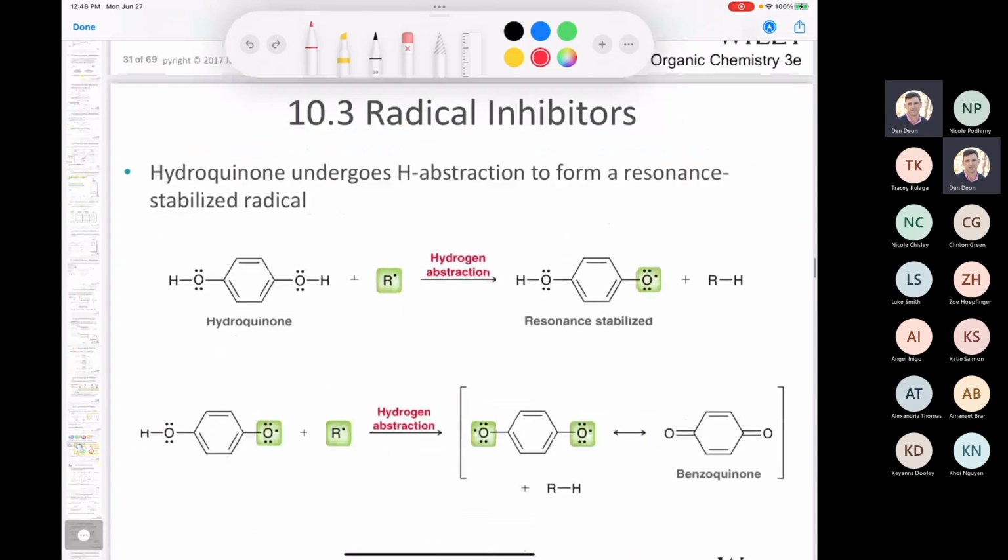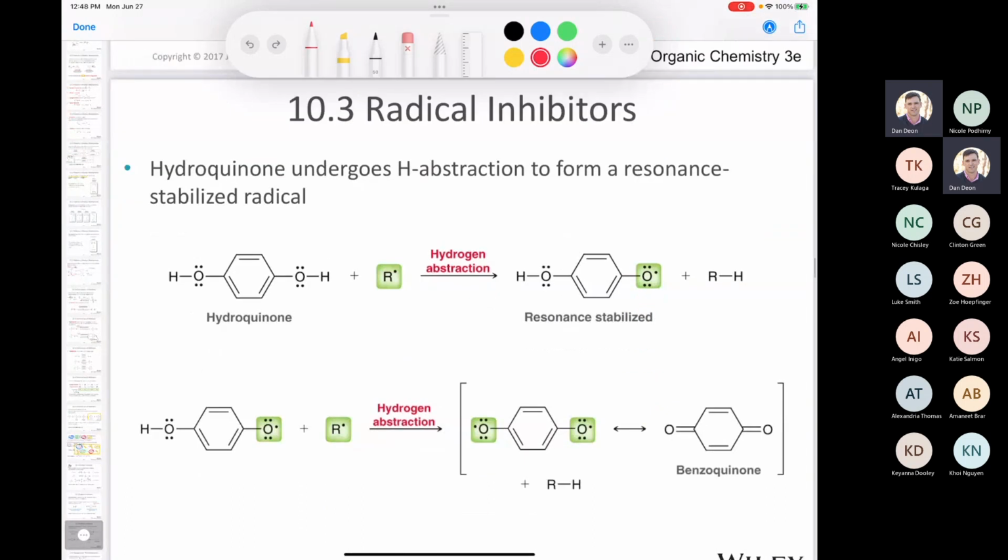Hydroquinone is great because if it reacts with a radical, it'll make a radical on one side, and then you can do the same thing on the other side. So you end up with this diradical, and then you can show how that is actually benzoquinone. You can show the electrons moving around to form benzoquinone. Anyhow, that's kind of cool.